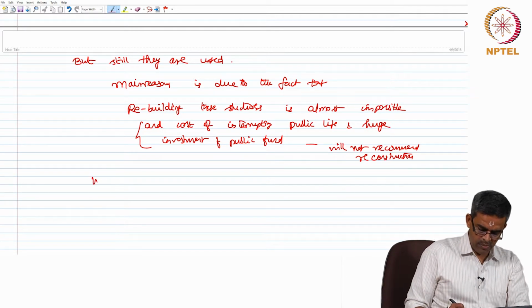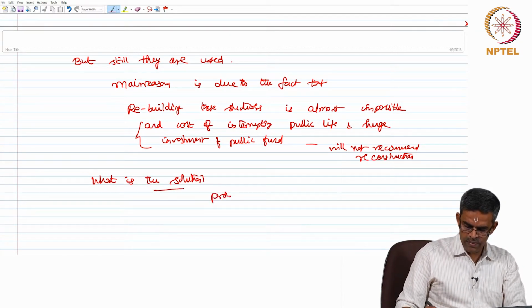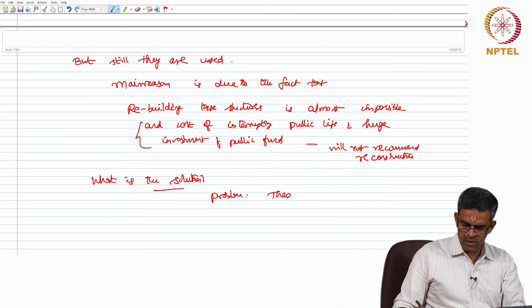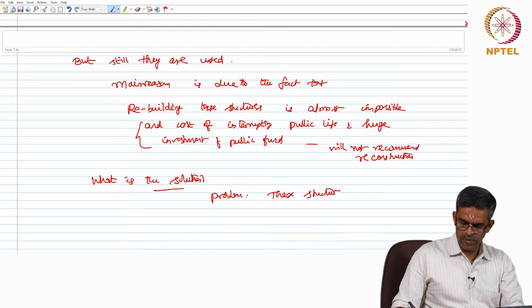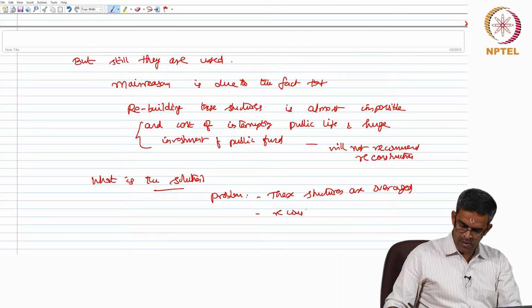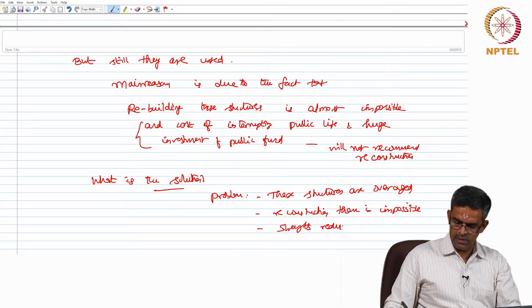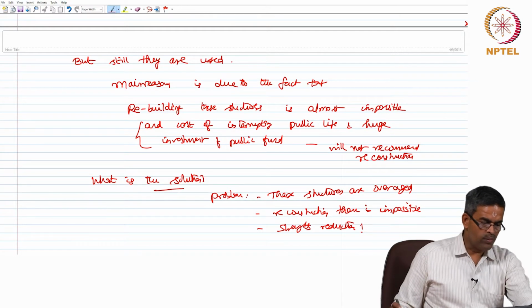Then what is the solution? The problem is these structures are over aged, reconstructing them is impossible. There is a significant strength reduction. So, what do we do?